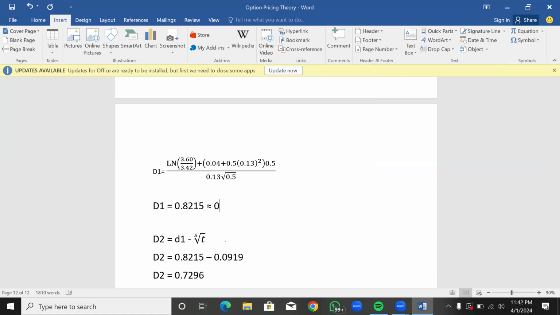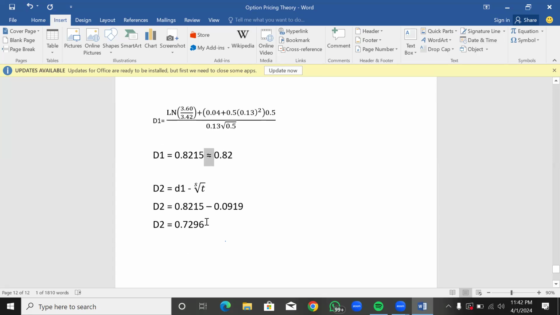We are approximating because we want to check our normal distribution table now for our ND1. So this is 0.82 now, Abi. This other one is 0.73.